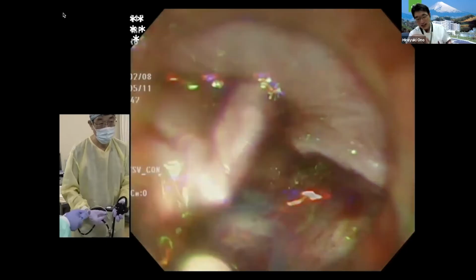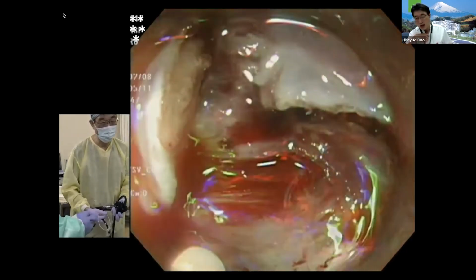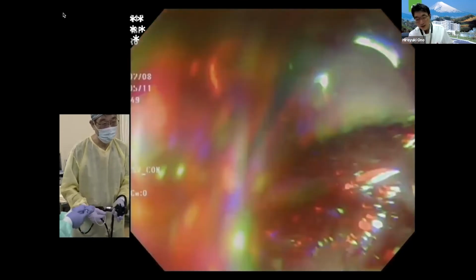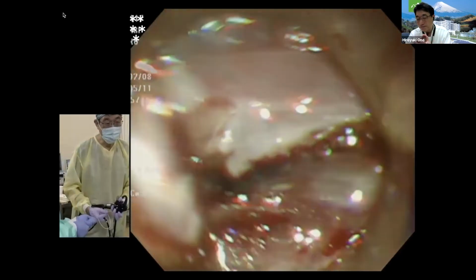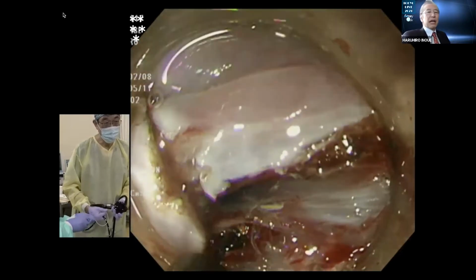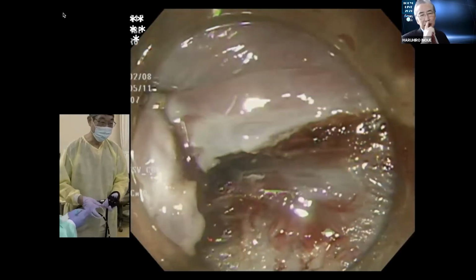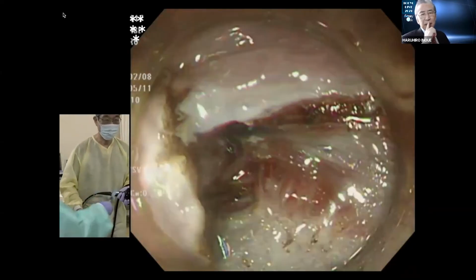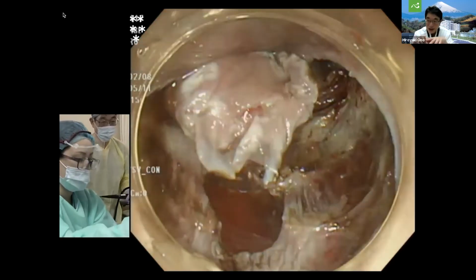And of course, I check the patient status, saturation of oxygen and blood pressure, and so on. May I ask Ono Sensei? In the ESD procedure, does the traction device work? Yes, the traction method works very well.